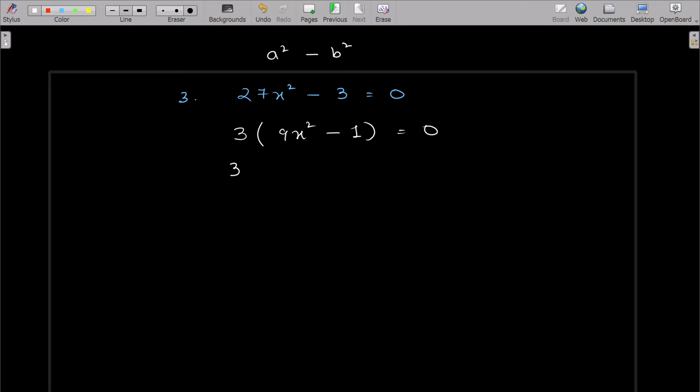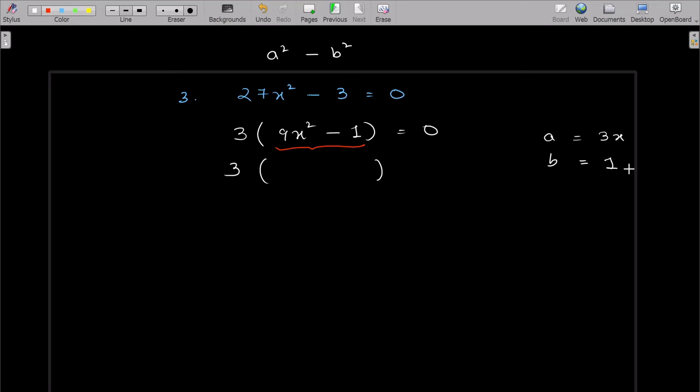Now we will apply the identity for the two terms inside the parentheses. You tell a and b by comparing this expression. Is A 3x and B negative 1? No, not negative 1, just 1.